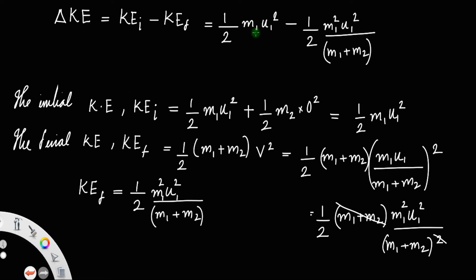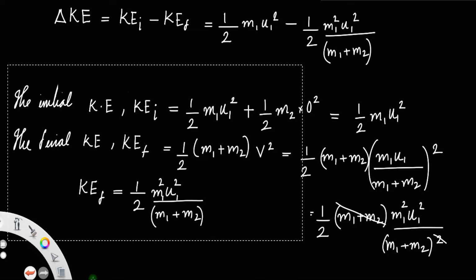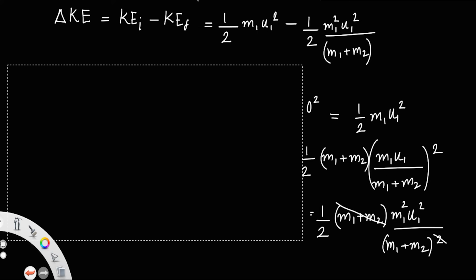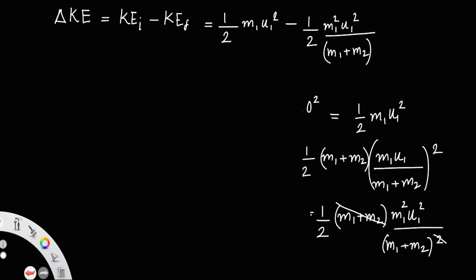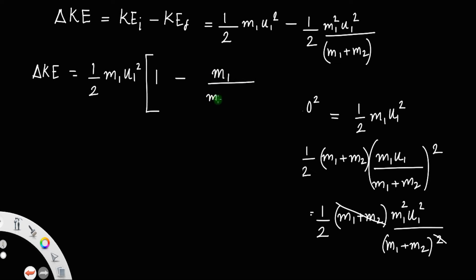Clearly, you can take the half m1 u1 square term outside. So the change in kinetic energy delta KE is equal to half m1 u1 square multiplied by 1 minus, since you have taken one of the m1 from here, m1 divided by m1 plus m2.